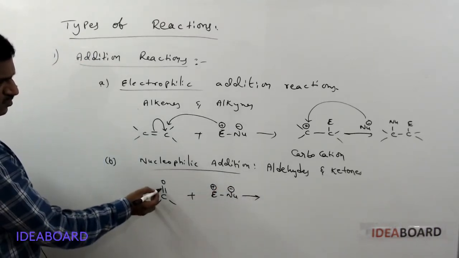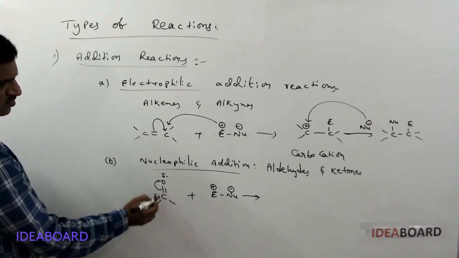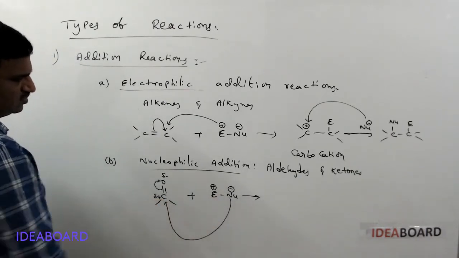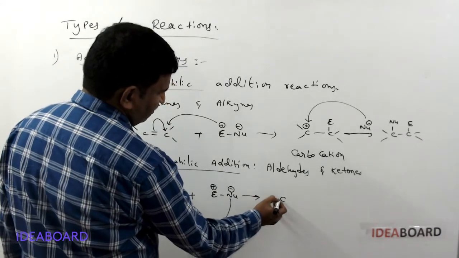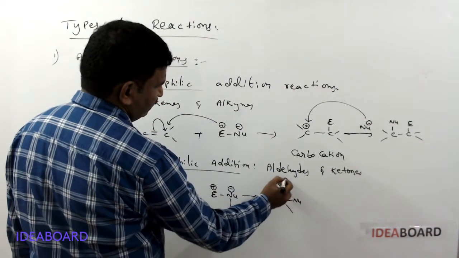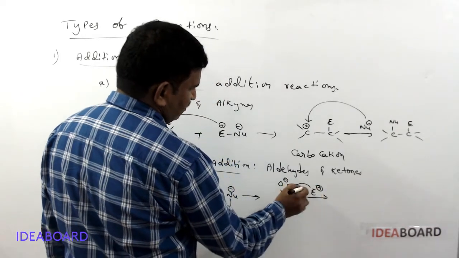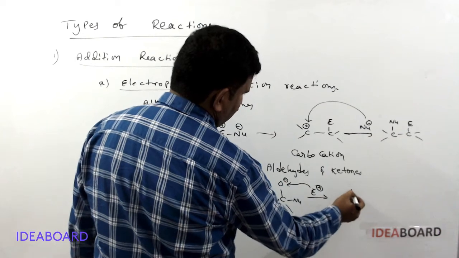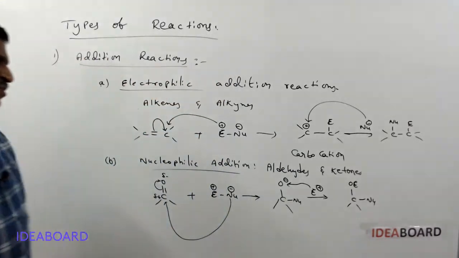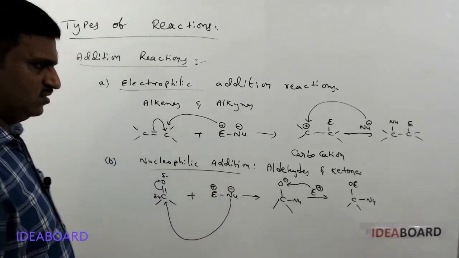Because of charge separation, the carbon-oxygen bond has a partial negative on oxygen and a partial positive on carbon. So the nucleophile attaches easily to this carbon first, and O minus is formed. In the next step, E plus attacks this place, and we get the product. Since the nucleophile attacks first, they are called nucleophilic addition reactions.